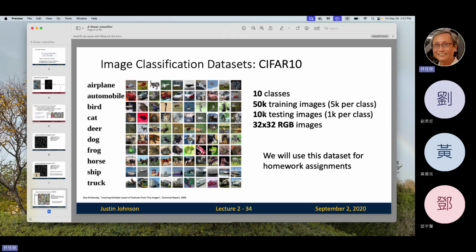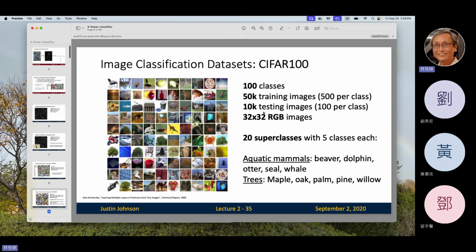You have a total of 50,000 training images, and we have 10,000 testing images. Each picture is originally set to be 32 by 32. So again it's not high resolution, but it's in color, 3 different colors, RGB. This is again a very popular data set that people have used for computer vision training.